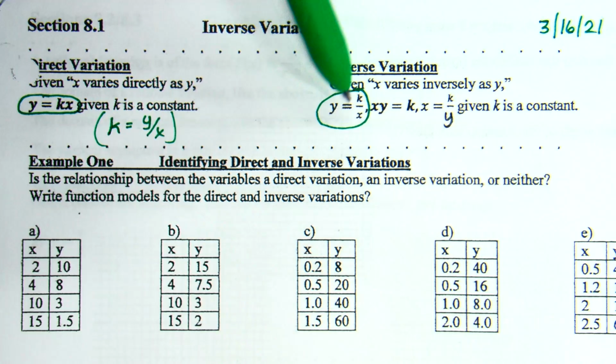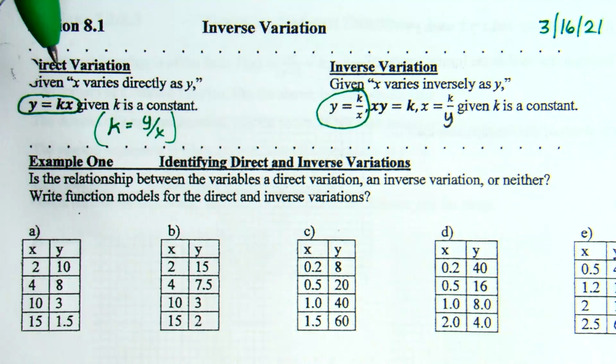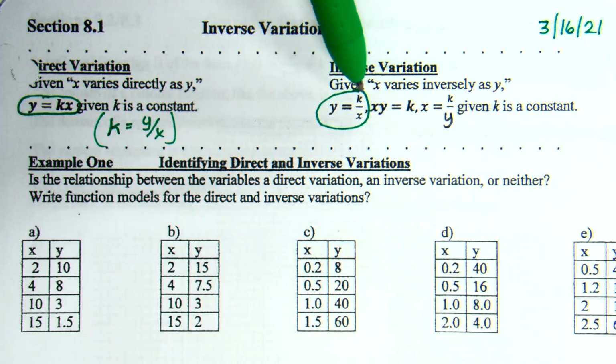I think I just spoke wrong there. So y equals k over x is the common inverse variation. Notice, instead of multiplication relationship, it is a division relationship. So it's your constant number divided by x, as opposed to direct, that is multiplication.